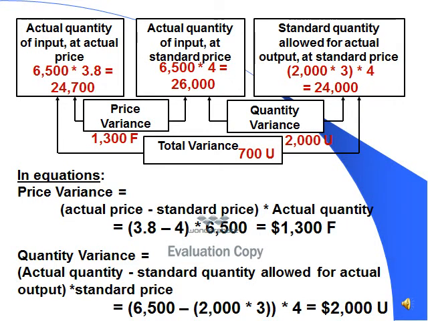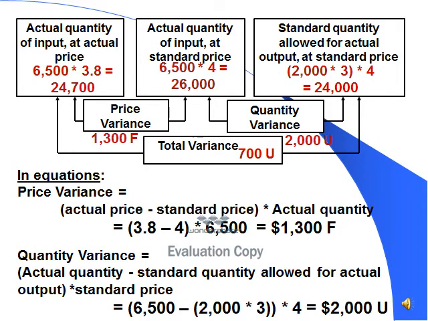The second required is to calculate price variance and quantity variance in equations. Price variance equals actual price minus standard price times actual quantity, equals 3.8 actual price minus 4 standard price, times 6,500 kilogram actual quantity, equals 1,300 favorable because the actual price is less than the standard price. Quantity variance equals actual quantity minus standard quantity allowed for actual output times standard price.